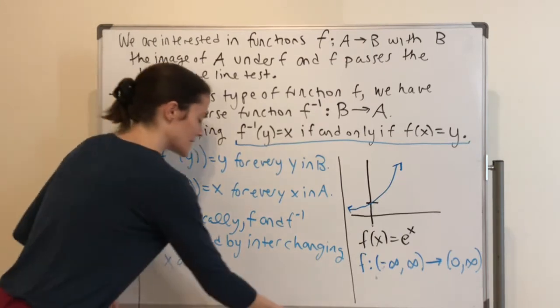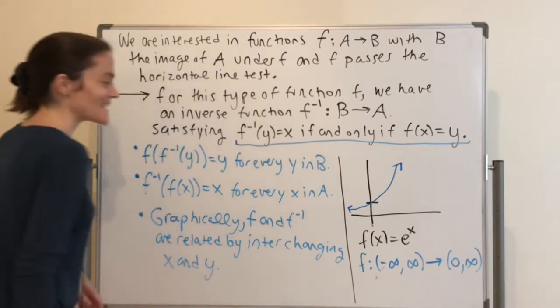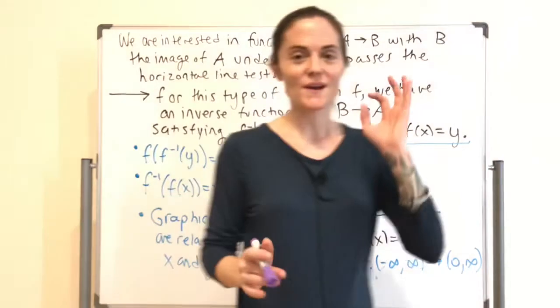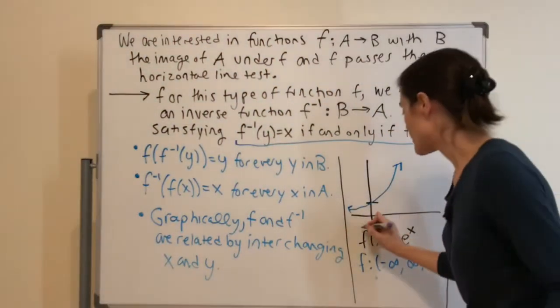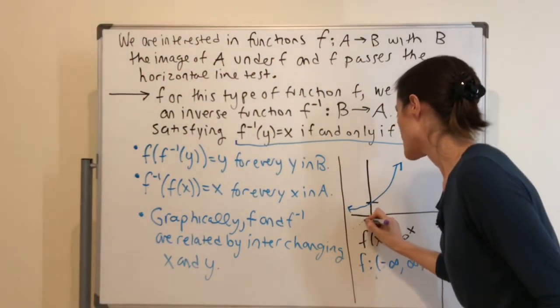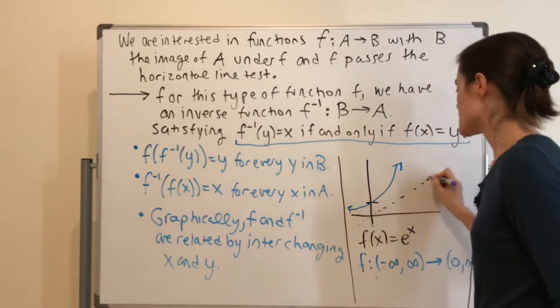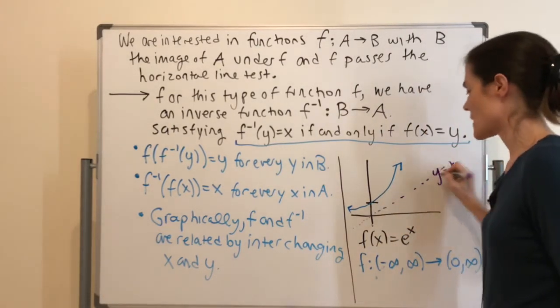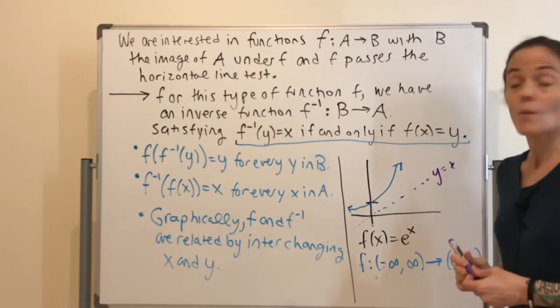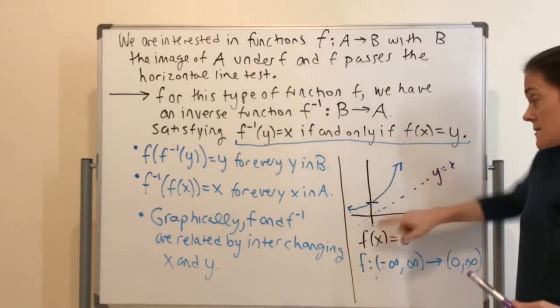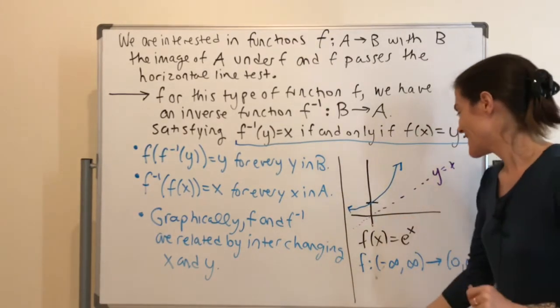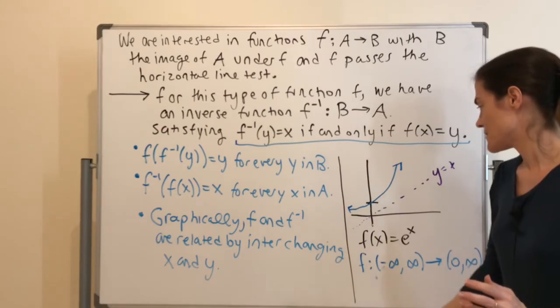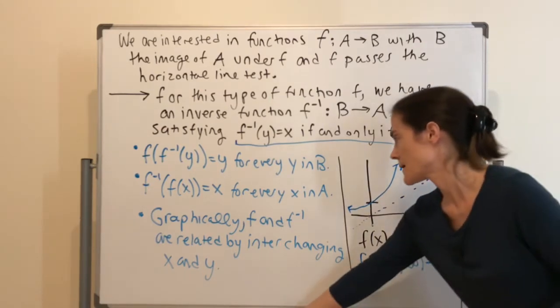So let's do that in this picture, and we will see the inverse function for e to the x. You probably know what it is already, but here's the line y equals x, okay? Now what happens when I flip this over this line? Oh, I don't even know what color to use. How about pink?